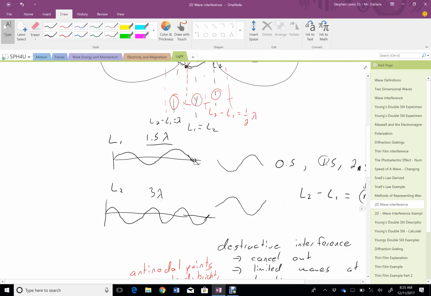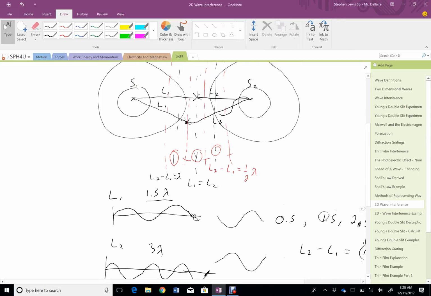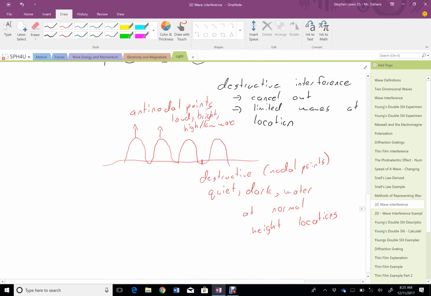And that all happens because when the waves get there, they either get there in a way where they line up against each other, or as I showed in the previous video, they get there in a way where they line up together.